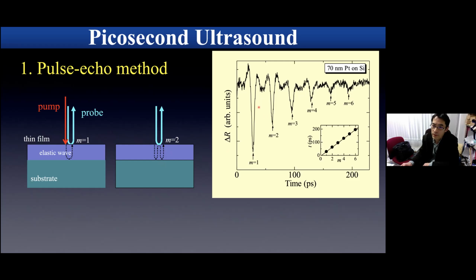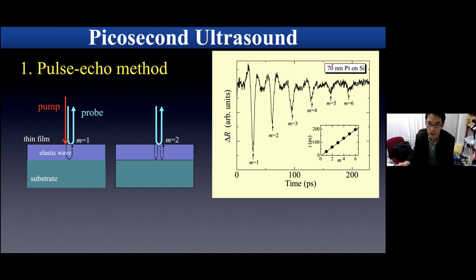Then we can determine the elastic constant of this material. So this is a picosecond ultrasound technique, and this is a pulse echo method. And in our feeling, 70 nanometers is still too thick.